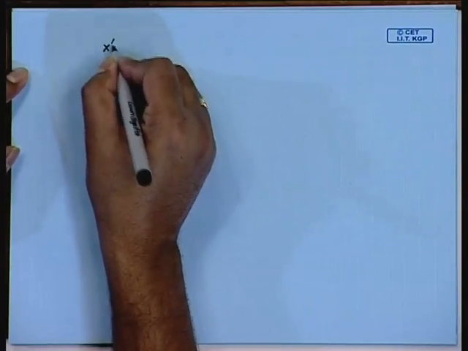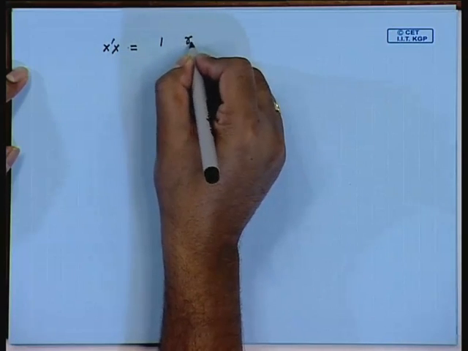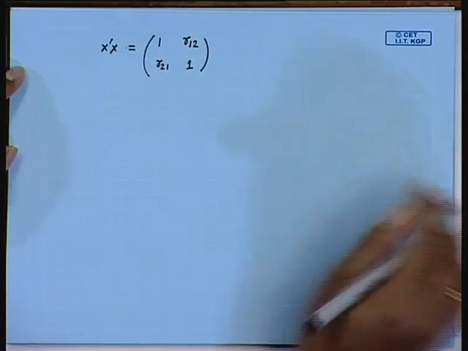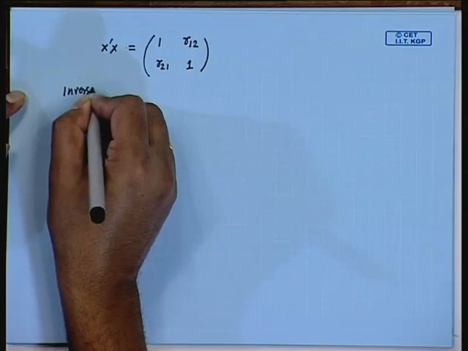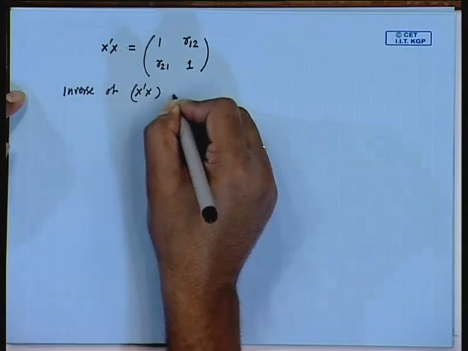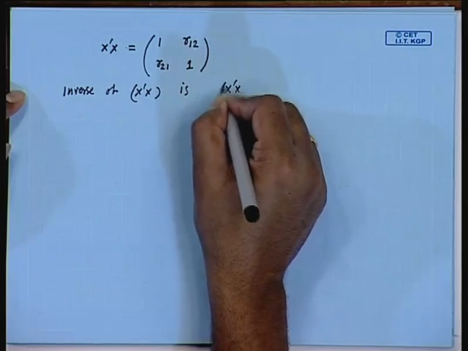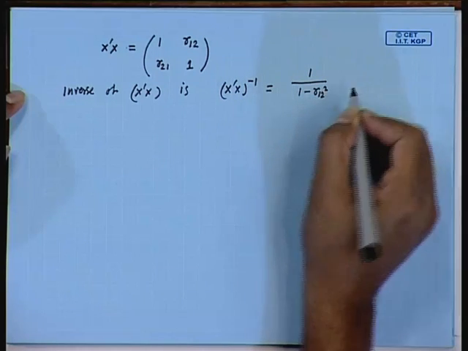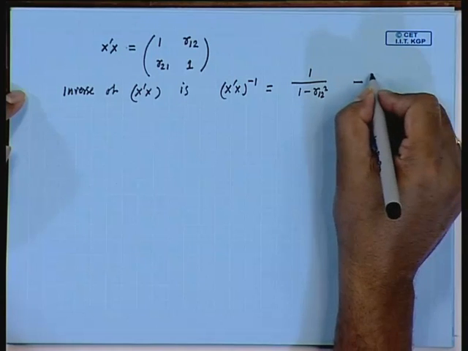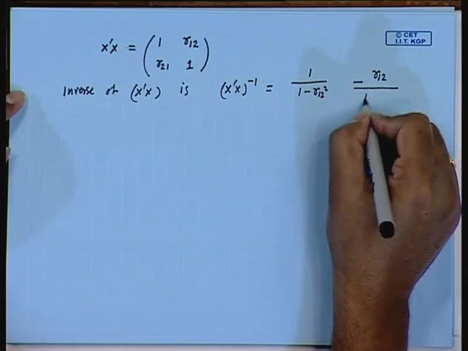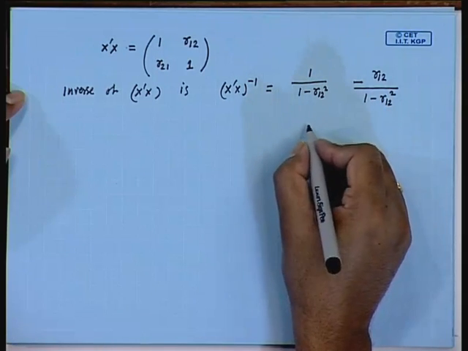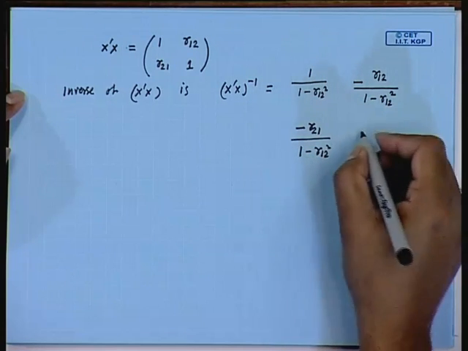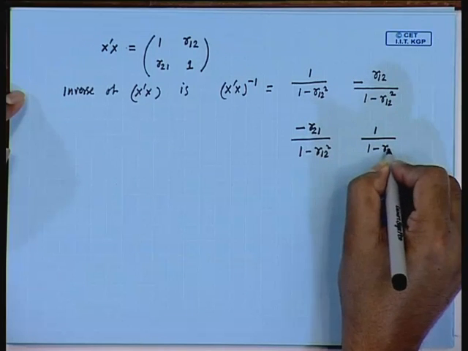Well, so what we have is that X prime X is equal to 1, R12, R21, 1 here, and you can check that the inverse of X prime X, which is (X prime X) inverse, is equal to 1 by 1 minus R12 square, minus R12 by 1 minus R12 square, minus R21 by 1 minus R12 square, 1 by 1 minus R12 square.